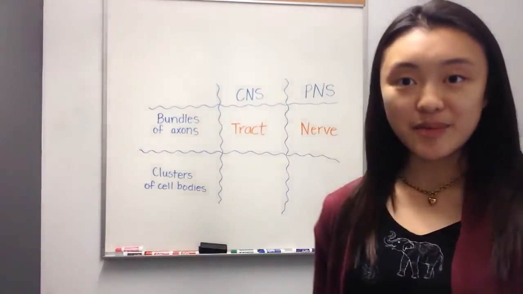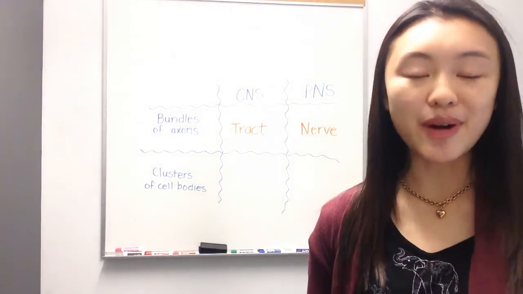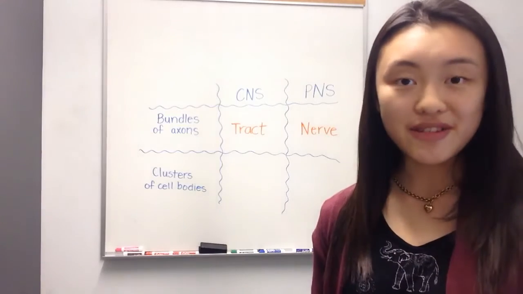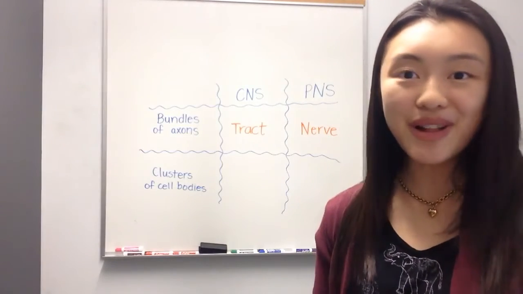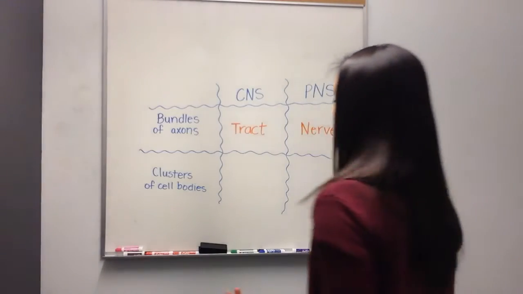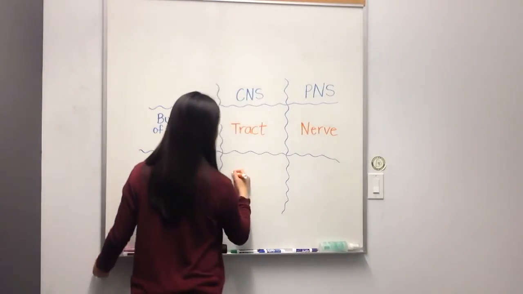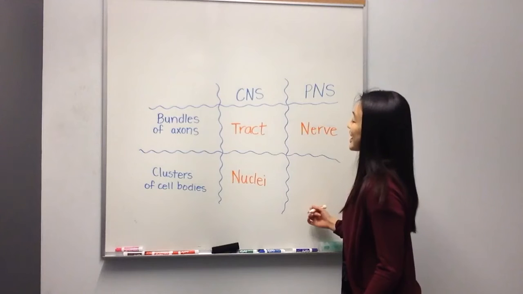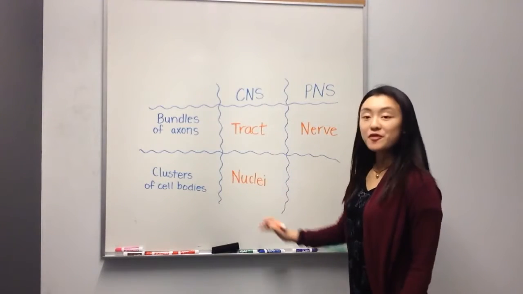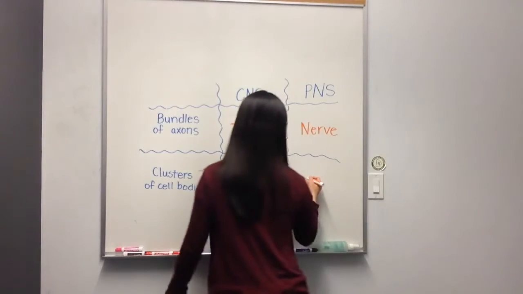In the nervous system, we can also have clusters of cell bodies. This means that there's many cell bodies grouped together very closely. They're making small clumps of cell bodies. In the central nervous system, these clusters of cell bodies are referred to as nuclei, whereas in the peripheral nervous system, clusters of cell bodies would be referred to as ganglia.